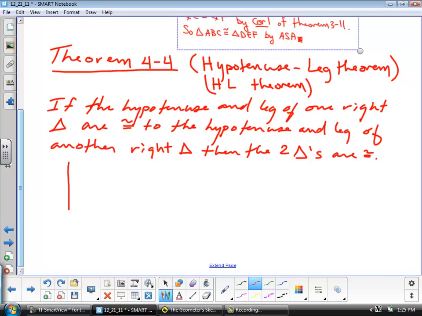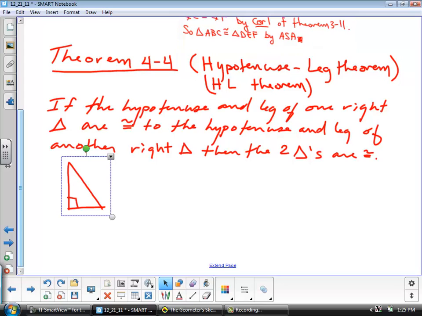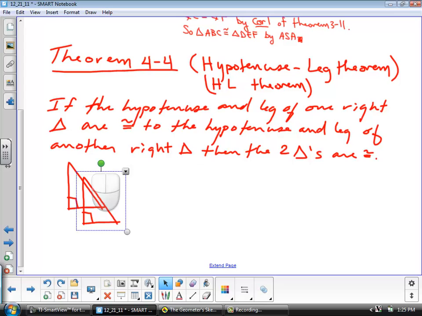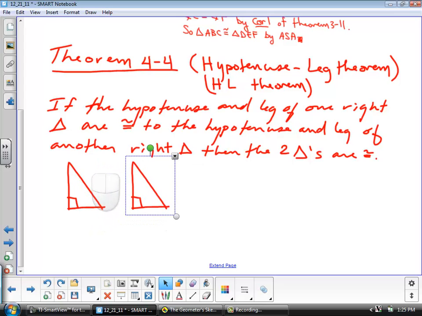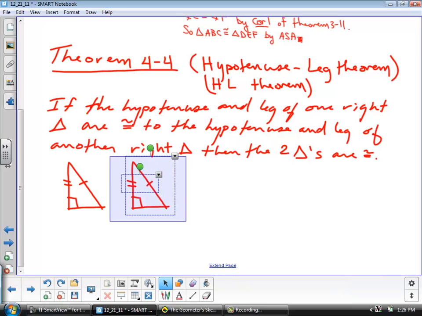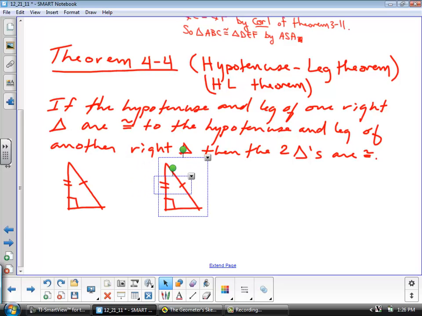So now we have a right triangle. And I'll clone this right triangle. What we know about these two right triangles is that we have a hypotenuse and a leg that are congruent in those two right triangles. Now what we are going to do is we're going to have a point P that's formed.